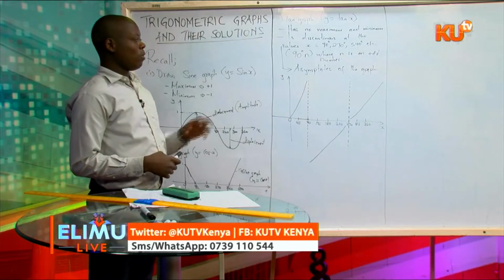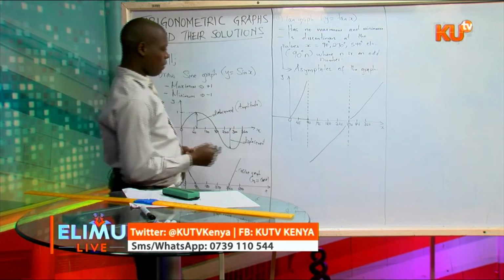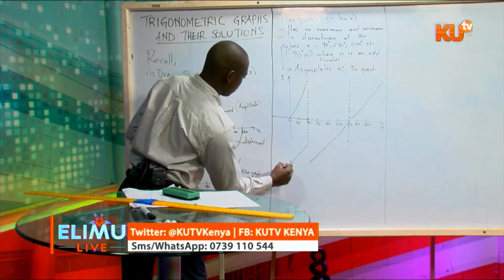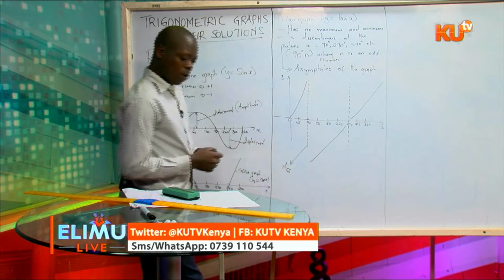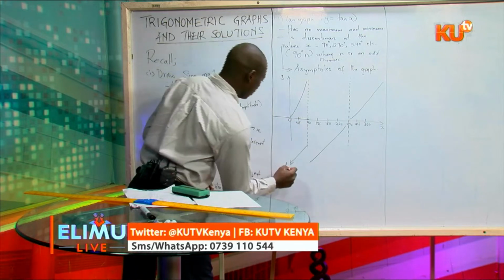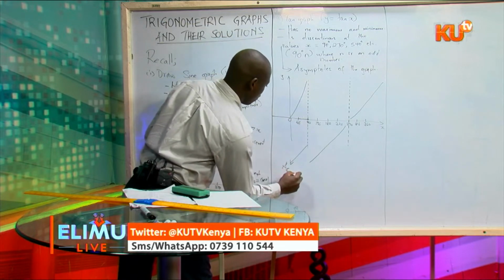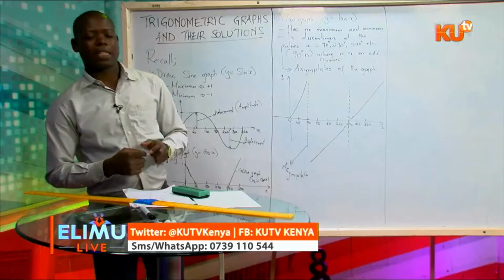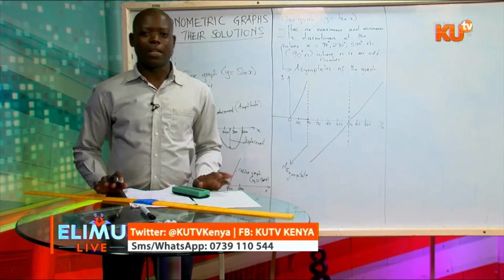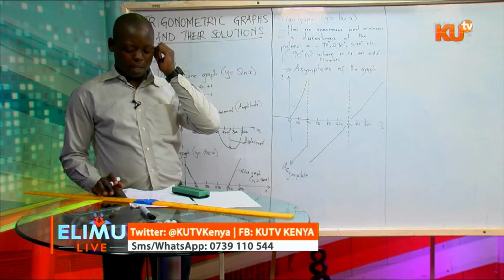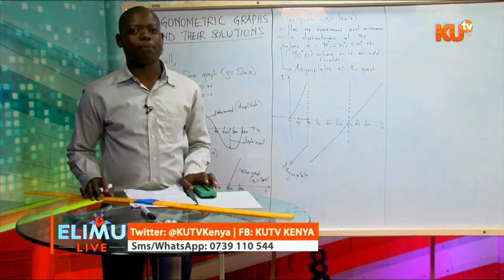When you draw them, you have to be very careful so that you don't get it wrong. This is an asymptote. And how you realize, those who are using calculators, that there is an asymptotic point is when the value of tan x gives you a math error. That means that that point is discontinuous.